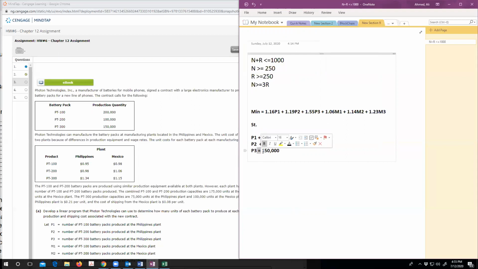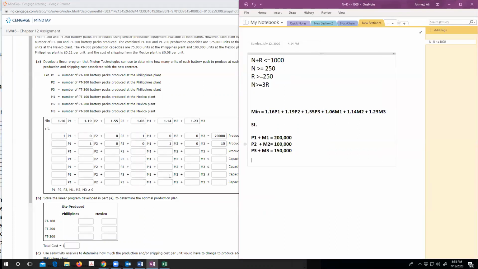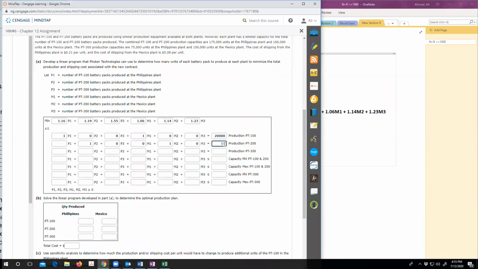And P3, either we make it in the Philippines, we can divide the work, but we need 150,000. So this one should be 1, and this one should be 1. How much is it? 100,000.